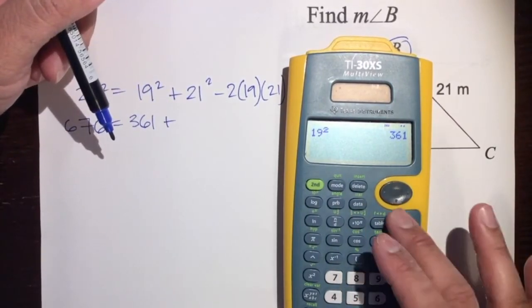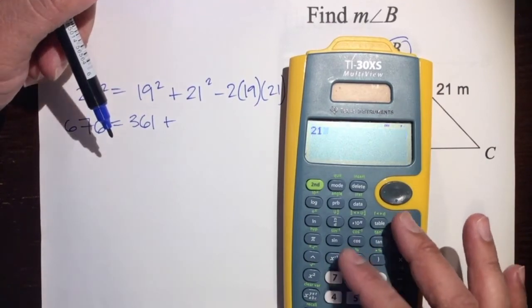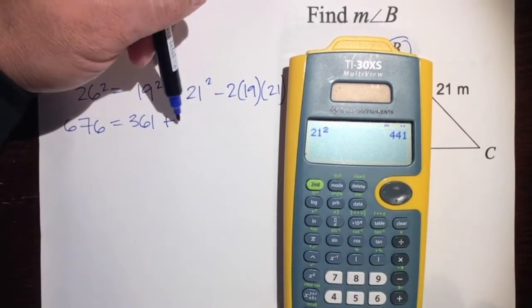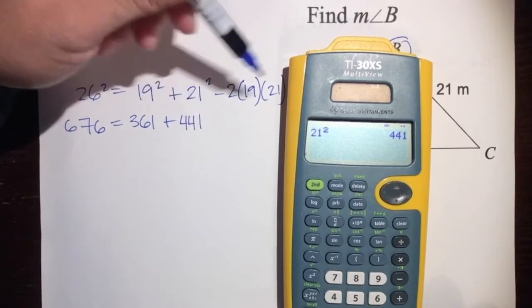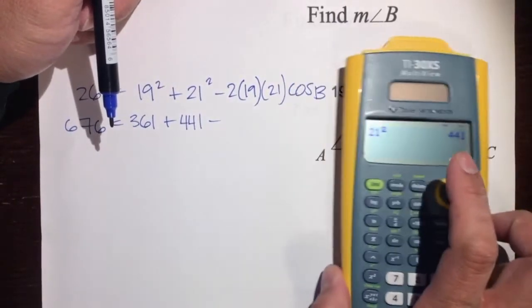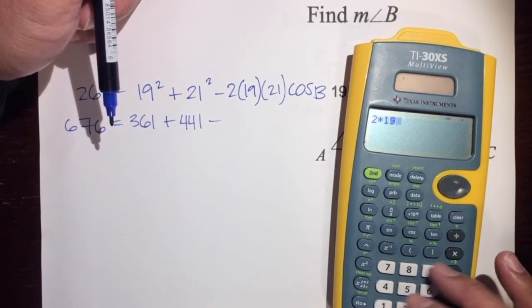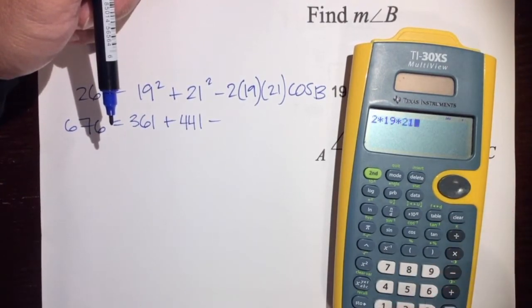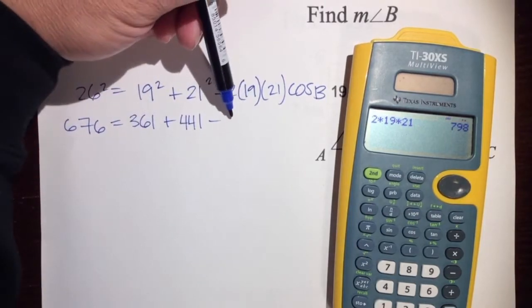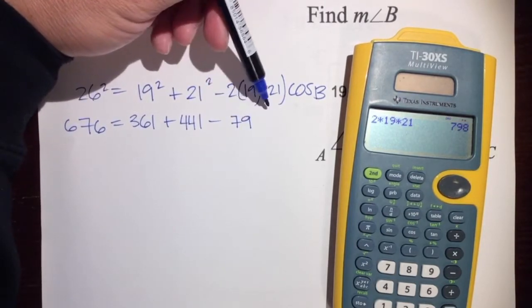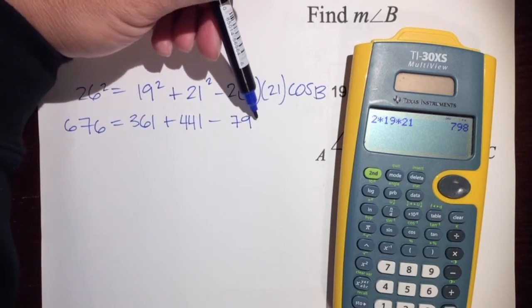plus 21 squared is 441 minus, okay, 2 times 19 times 21 is 798.